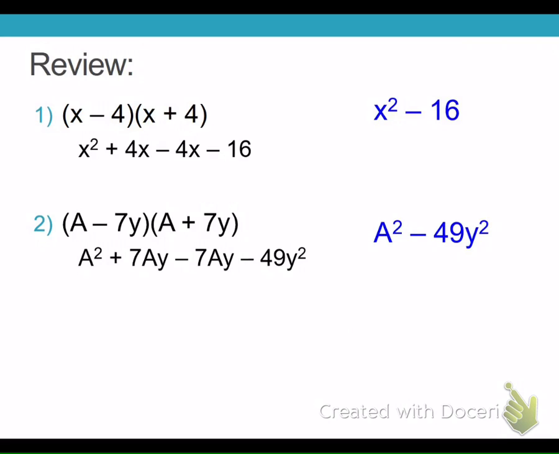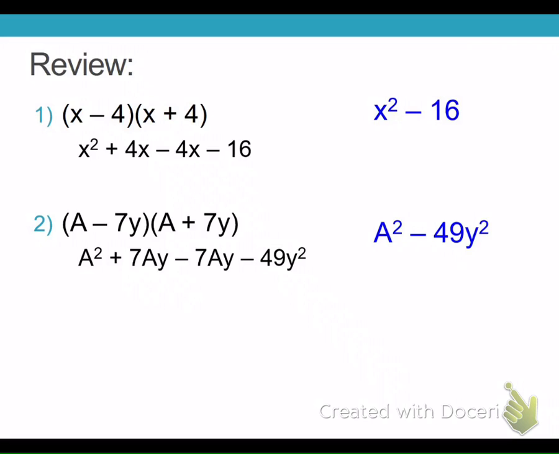You're left with a perfect square minus another perfect square. Technically, it's 2 perfect squares. It's a coefficient and a variable, but it's one term.